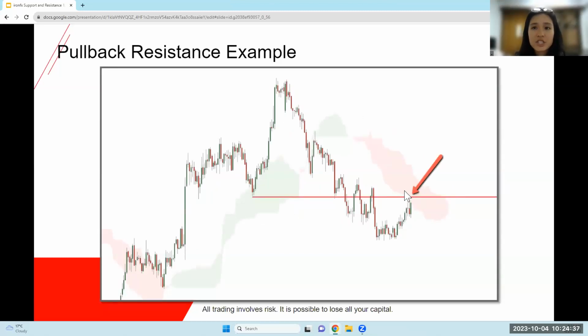You can see that it actually did. Price has reached the pullback resistance level just as we expected. Once it reaches and reverses off of it, it will then be called an overlap resistance level, which I'm going to get into in a little bit.